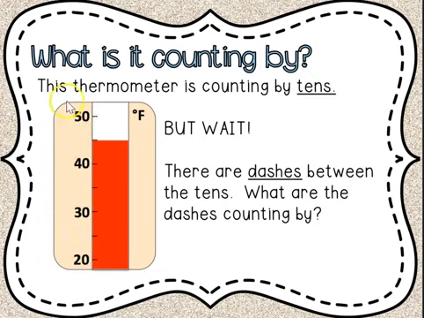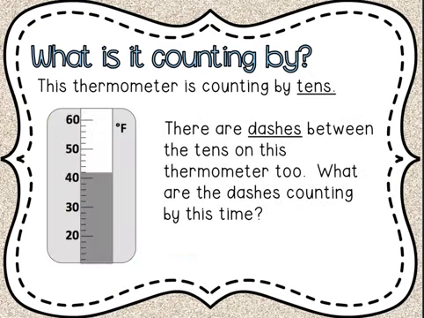But wait, there are dashes between the tens. What are the dashes counting by? If I have a dash halfway in between all of my big numbers, half of 10 is 5. So if you said answer by fives, you're right.